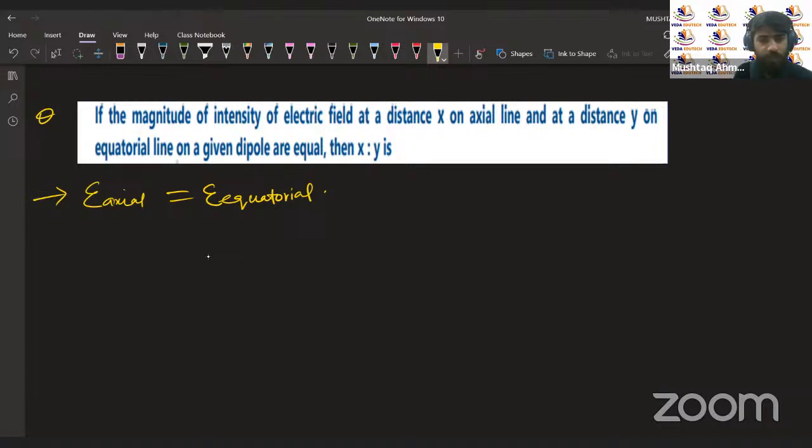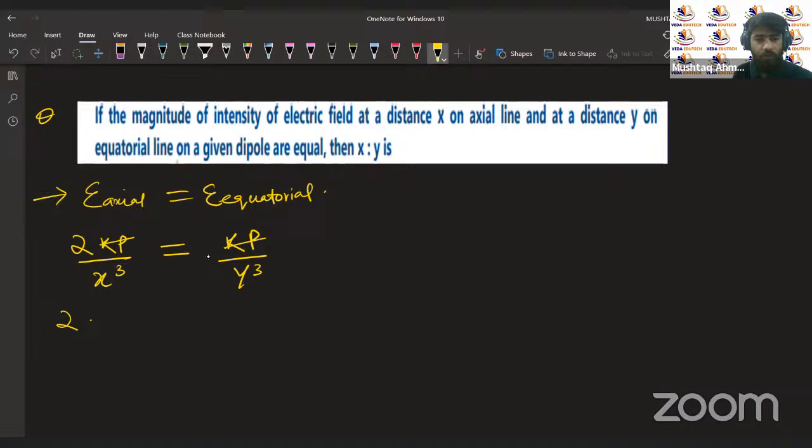So at axial line, we know that the electric field will be 2 kp upon x cube, right? And at equatorial point, the electric field will be 2 kp upon y cube, right? We have to find the ratio between x and y. So this will go, right. So I have to find the x ratio y.